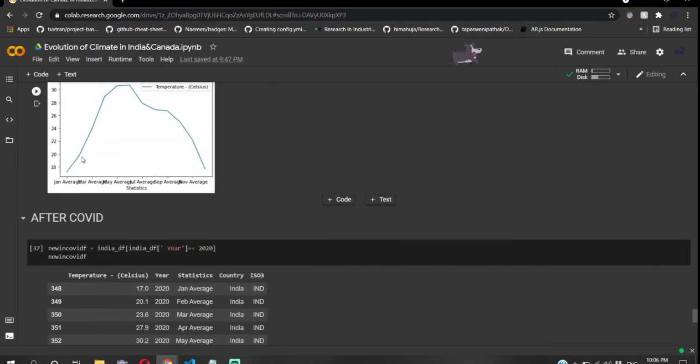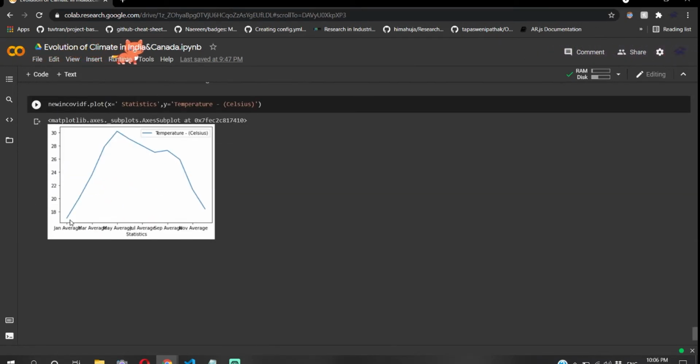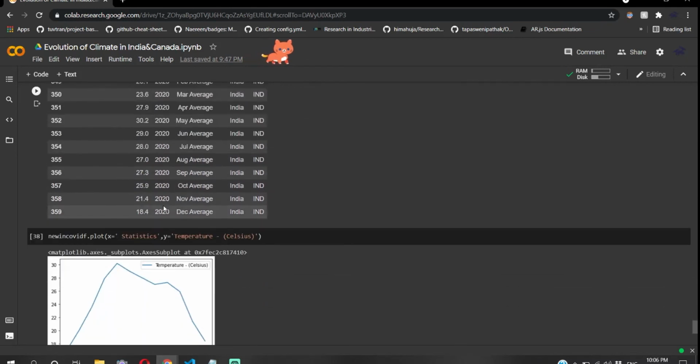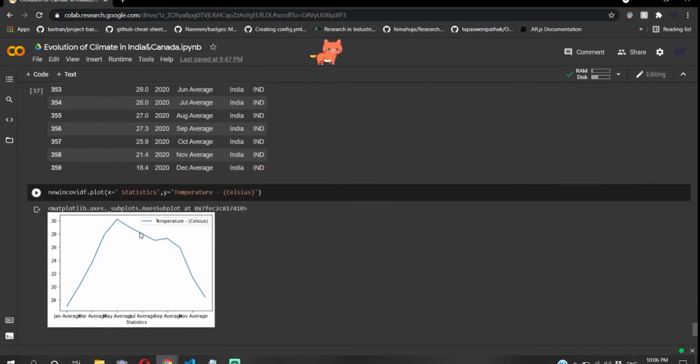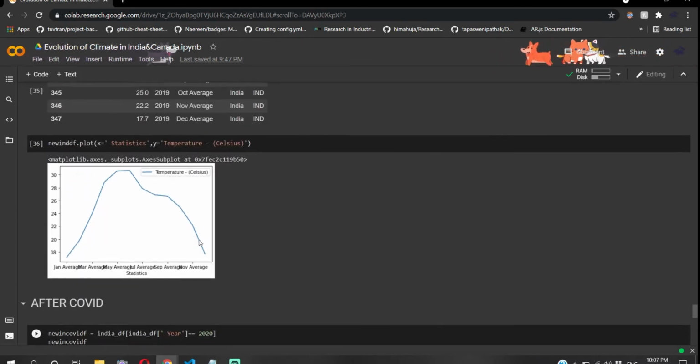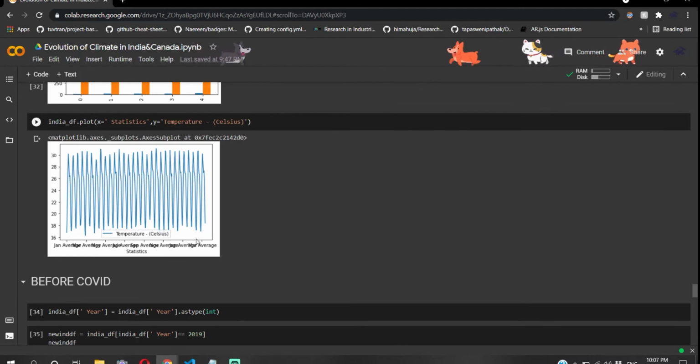It was not very inclined, but it has steep inclines and declines. So this is the difference. And if we compare India versus Canada, the difference is very huge. This is our project, and we want to do more of it for other countries as well.